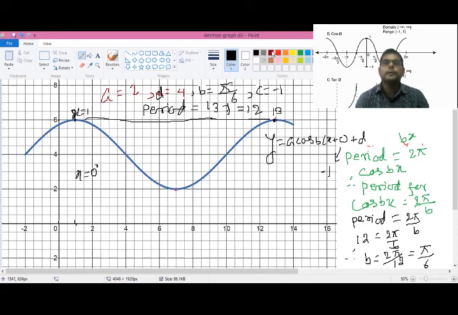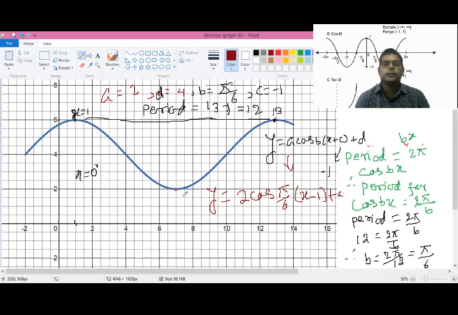Therefore this equation will now become y equals a, whose value is 2, cos, b value is pi by 6, and in the bracket this is x, and c value is -1, and plus d value, you can see here d value is 4.